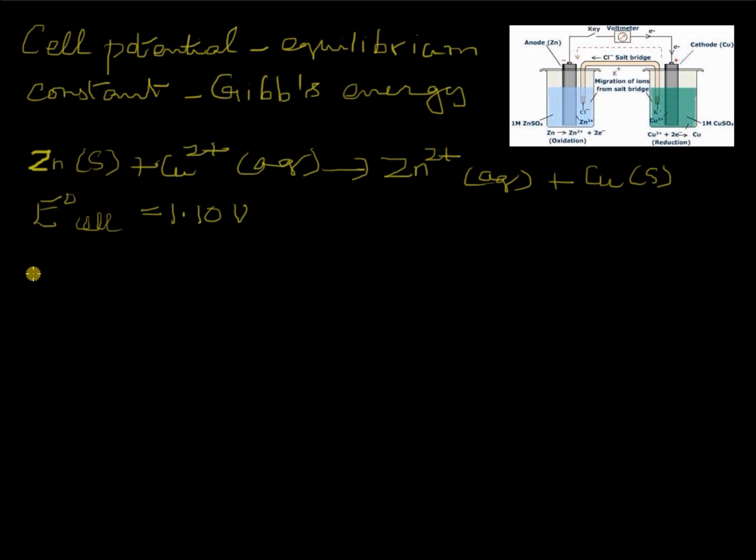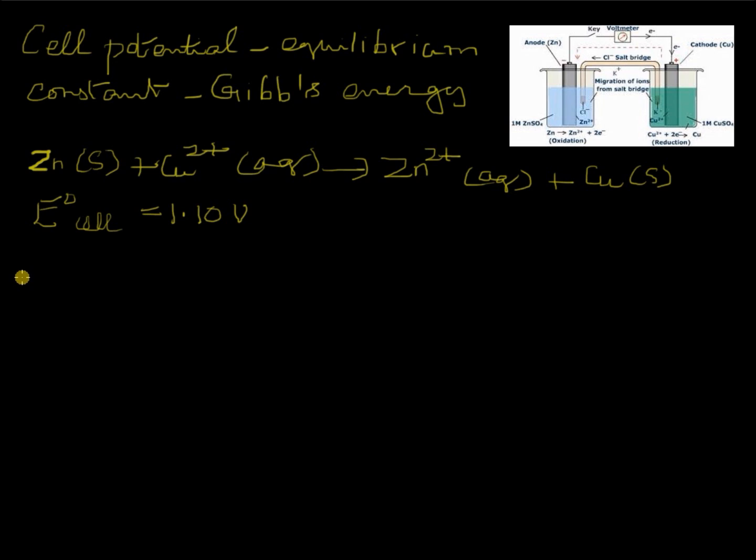So as the concentration of the zinc ions in solution increases, the electrode potential of the zinc electrode also would increase. At the same time, in the copper compartment, the copper ions are getting discharged as copper atoms. So the copper ion concentration is decreasing, it's falling. The electrode potential of the copper electrode would also be falling.